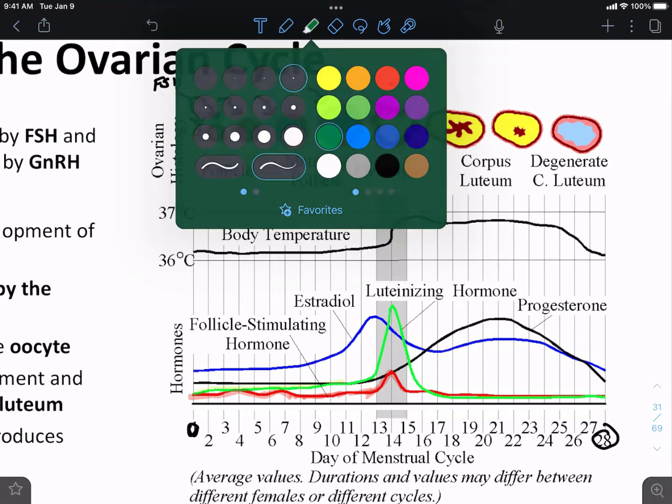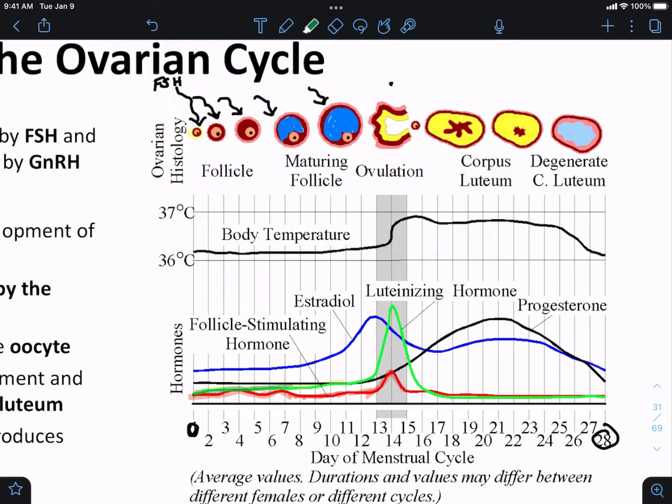Let me highlight that. Notice that LH climbs a little bit, and then we get this huge surge in LH, followed by a rapid decline, and LH levels drop down fairly low.